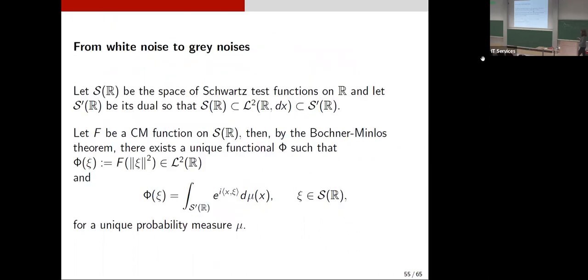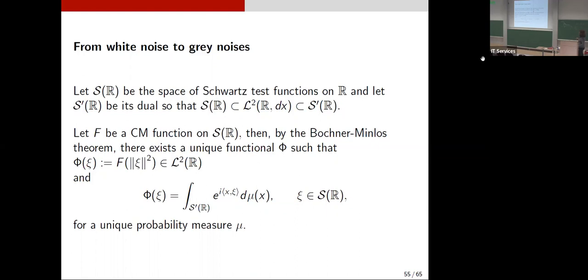So what can we do with this? We can go from the white noise setting to more general noises. Of course, I should introduce some other notation, but probably I don't have enough time.